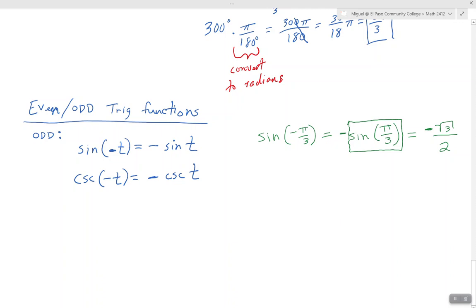Tangent is also odd. You can also do this with tangent if they give you a negative angle. And of course, the reciprocal of tangent follows along, cotangent.